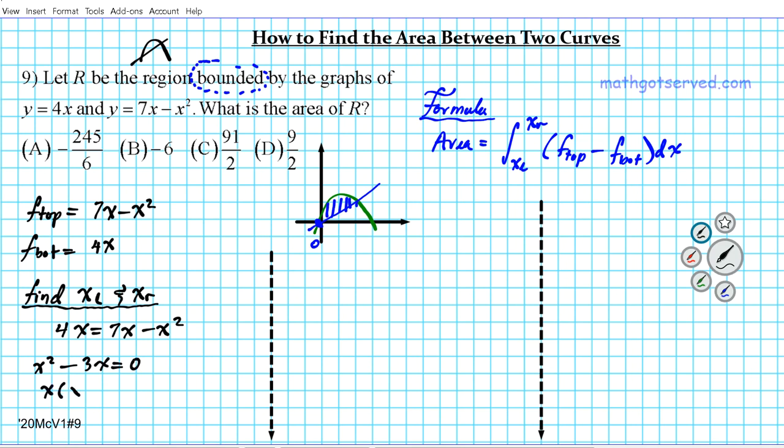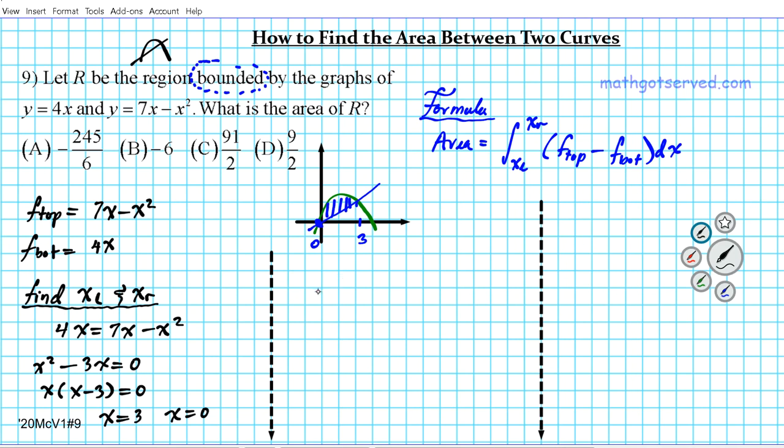Factor out x, and you have x times x minus 3 equals 0. If you use the zero product property, x is equal to 3 or x is equal to 0. So our x left is 0 and our x right is 3. It's not drawn to scale, but we have everything that we need now.